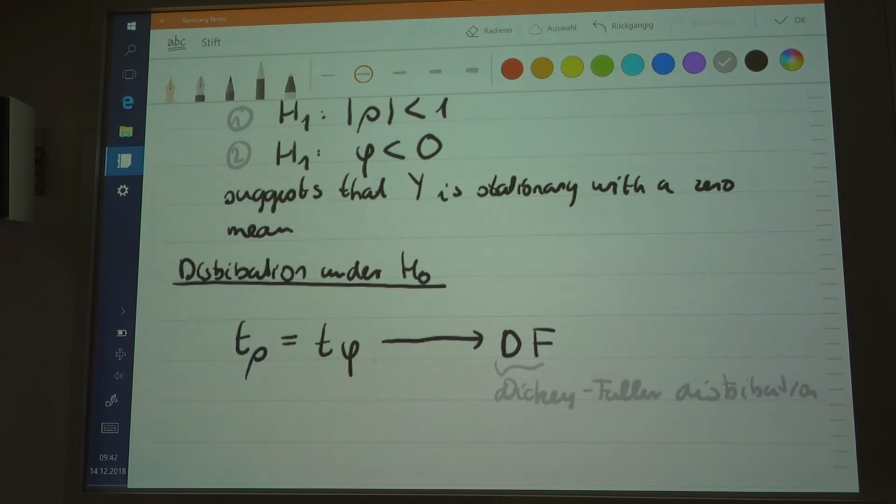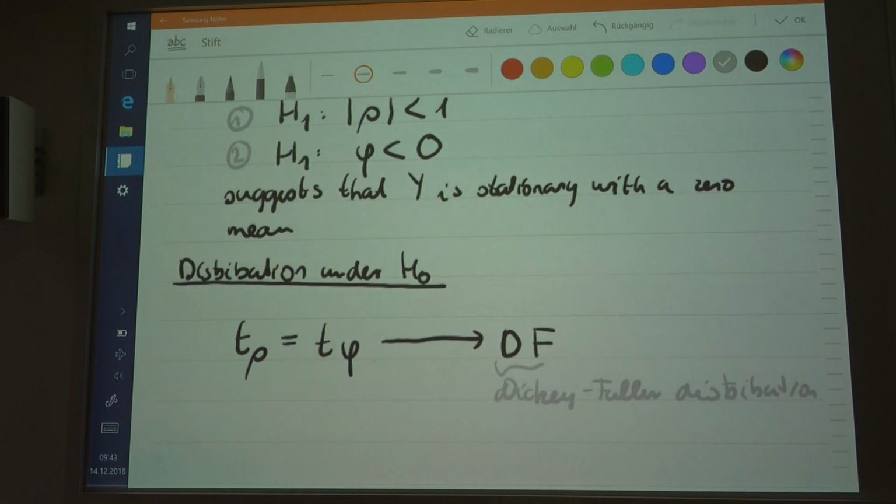I will provide critical values for that distribution as well. I have provided critical values for the standard normal distribution, for the t distribution, for the chi-square distribution, etc., and I will also add the Dickey-Fuller distribution.